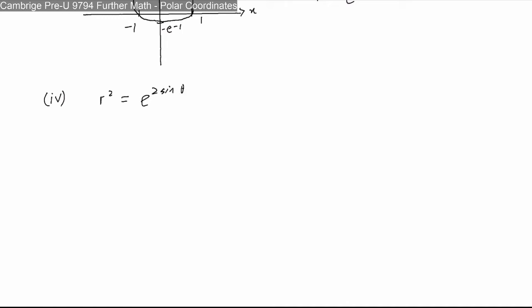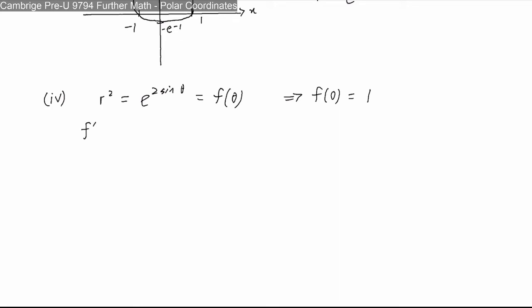So this is what we have for r squared. Let's just call it f theta. In order to find the Maclaurin series, we need to evaluate the values at theta equals 0. So f of 0 is e to the power 0, which is 1.